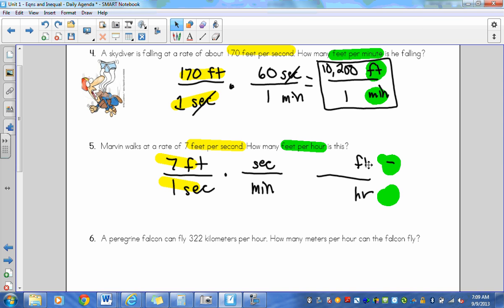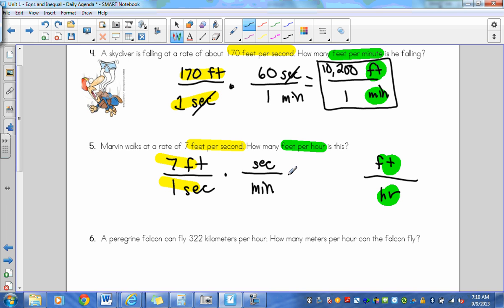I want to move feet down and hours down. Okay. So I can also multiply by minutes, converting to hours, and then I'll be able to get feet per hour. So let's fill in what we know.